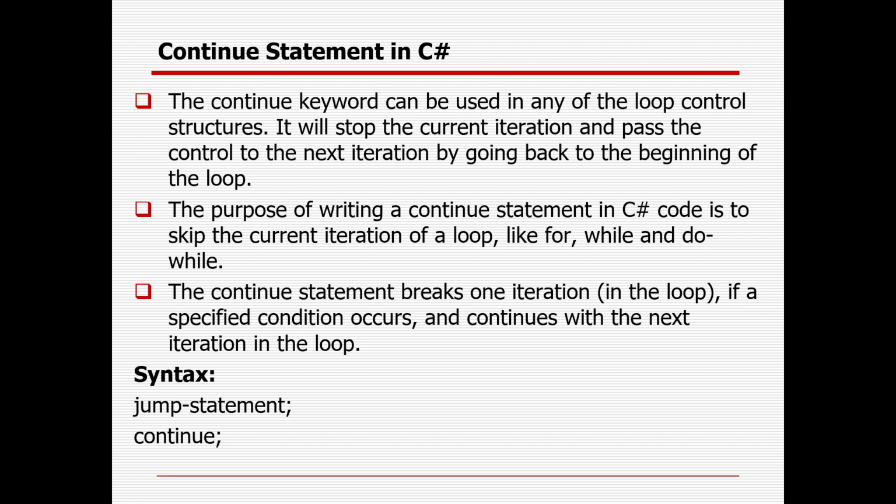But say for one particular family you have some problem, and you don't want to invite them. You will go to all the flats one by one and invite them for your program to be held in your home. But as and when you reach the flat you don't want to invite, you will continue, meaning you will skip that flat and continue with the remaining ones. So that way you can use the continue keyword in C#.